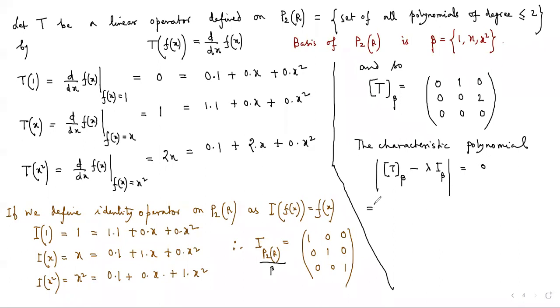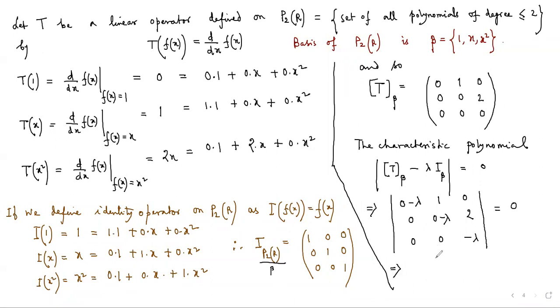This implies we get the polynomial as, I'm quickly writing, 0 minus lambda, 1, 0; 0, 0 minus lambda, 2; 0, 0, 0 minus lambda. I hope I have not done anything wrong over here.